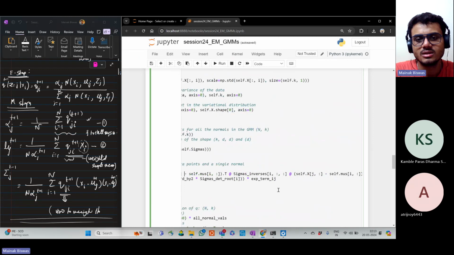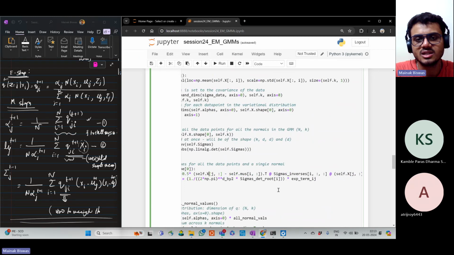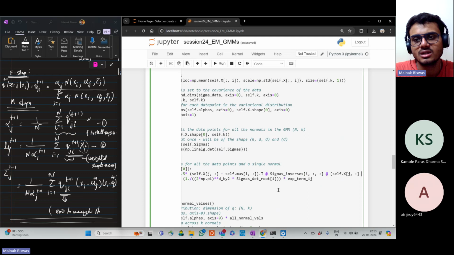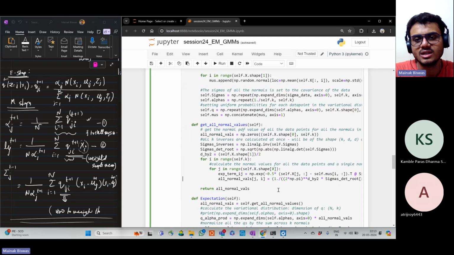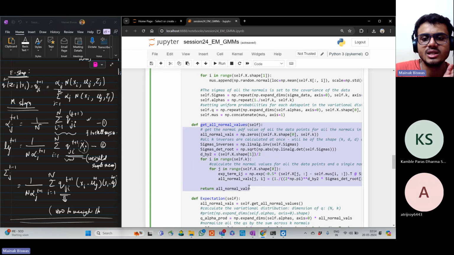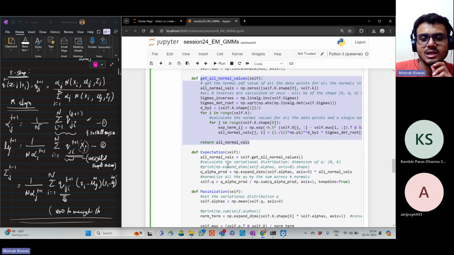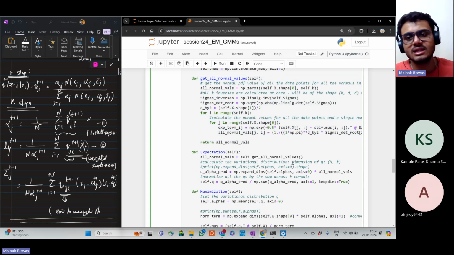This is the jth data point and ith cluster, minus mu, times the inverse of sigma, times x minus mu transpose. This gives you all the probabilities and distances from the data. Similarly, from the expectation step, I get all the normal distribution values and just divide by the sum. Right? This is what I'm doing.